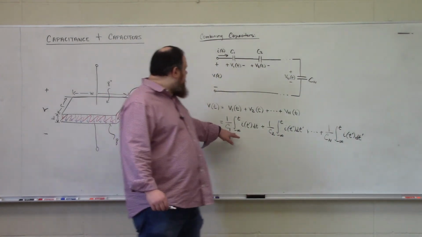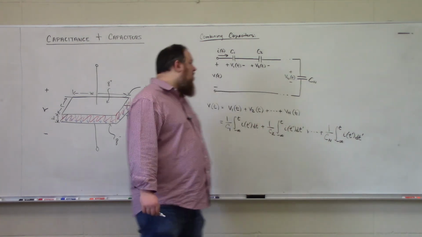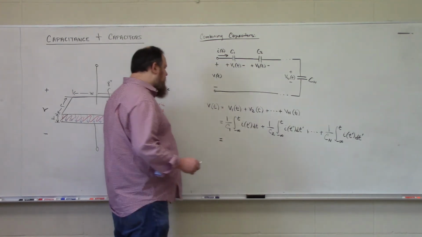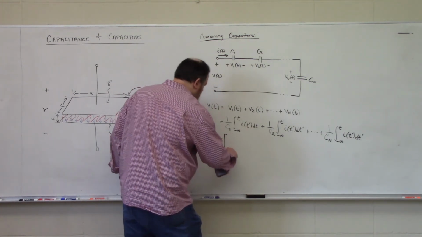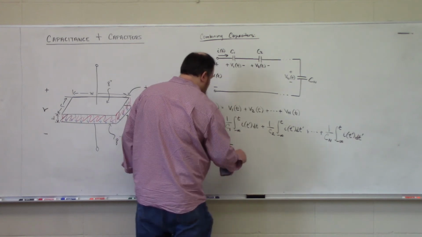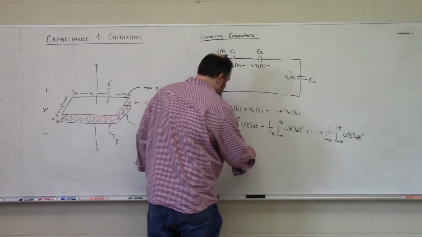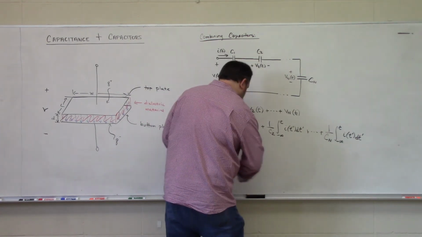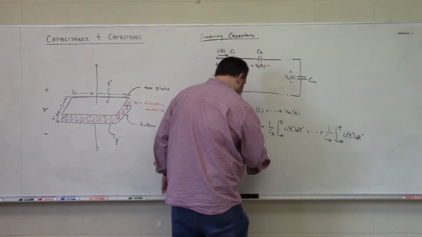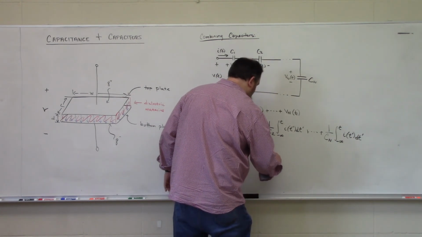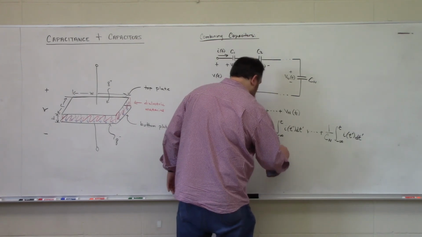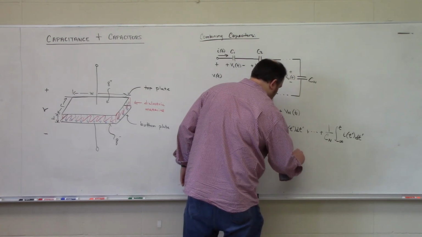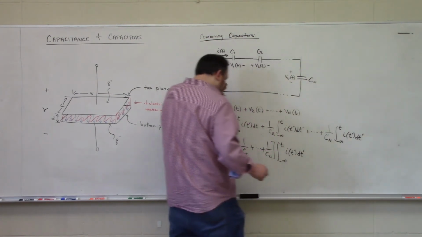So we can see that there is a common factor of this integral in all of these parts of the right-hand expression. So if we factor that out, what we're left with is 1 divided by C1 plus 1 divided by C2 plus 1 divided by C3, or excuse me, out to Cn, times the integral from negative infinity to t of I of t prime dt prime.